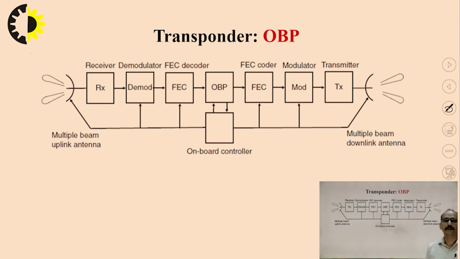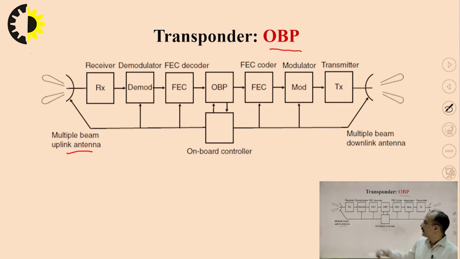But digital signal transmission has taken over all over the world. So for the digital transponder, we are using this onboard processing transponder. These onboard processing transponders are basically used for multiple beam antennas. Multiple beam antennas create multiple beams at a single time with a single input or multiple inputs.